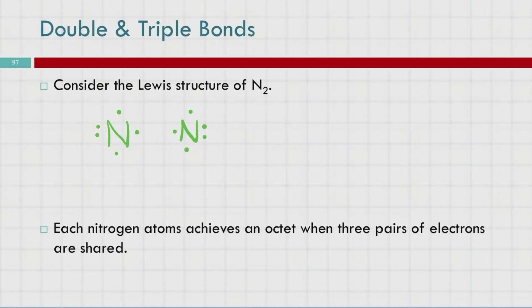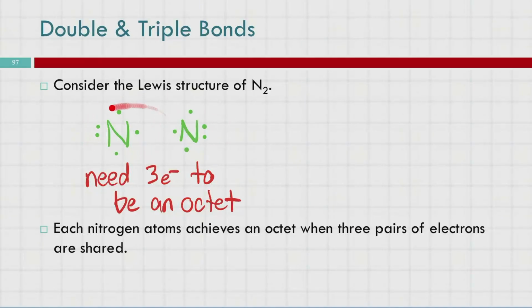How many electrons does each of these nitrogens need to get an octet? If they have 5 and they want 8, how many do they need to get to 8 from 5? 3. We need 3 more electrons to be an octet.